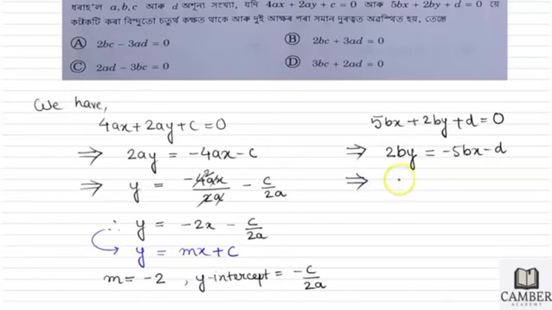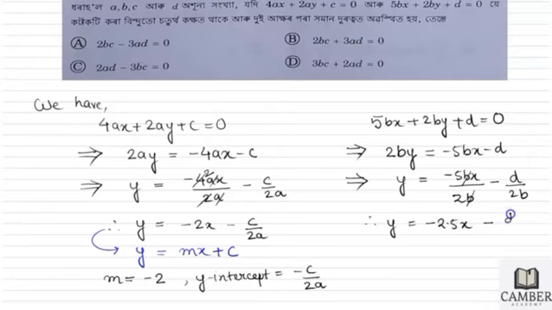So implies that y will be equal to minus 5bx divided by 2b minus d by 2b. Okay, so here b gets cancelled out. Okay, and we get y equal to minus 5 by 2, that is minus 2.5x minus d by 2b.